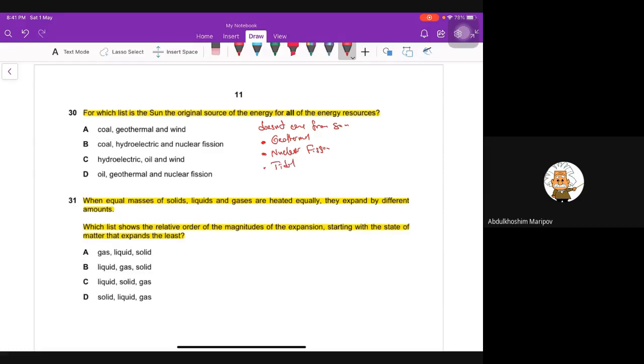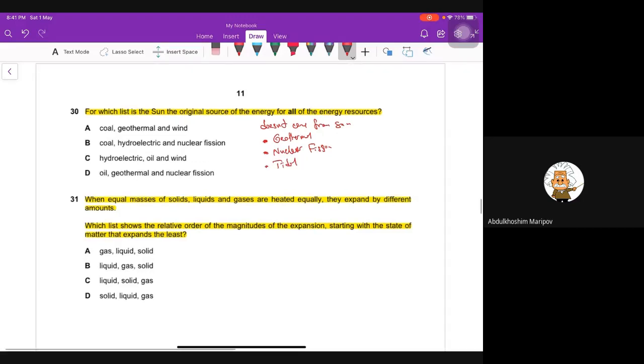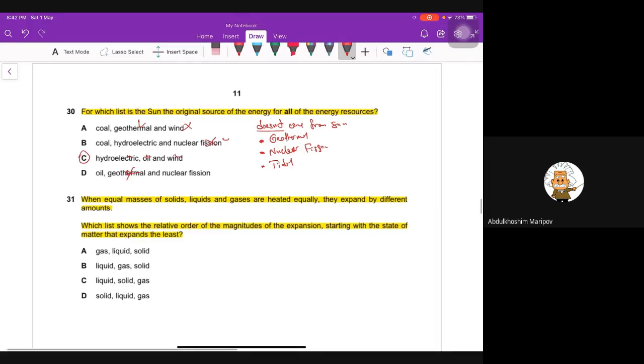So all these three don't come from the sun. So geothermal is cancelled, nuclear fusion is cancelled, leaving hydroelectric, oil, wind. Okay, so it's C. It's easier if you go with this.